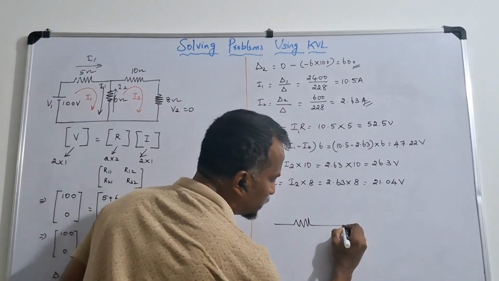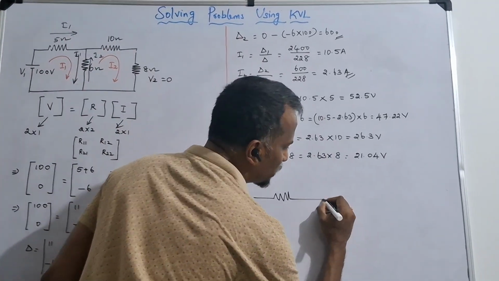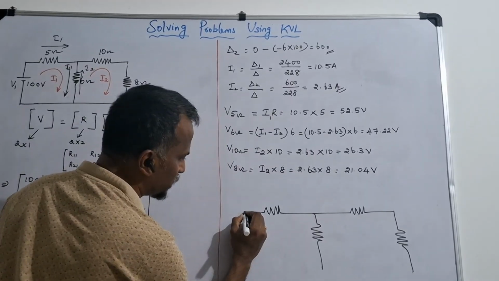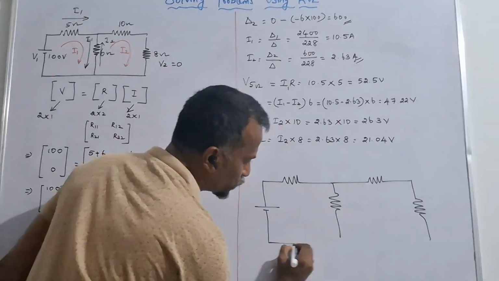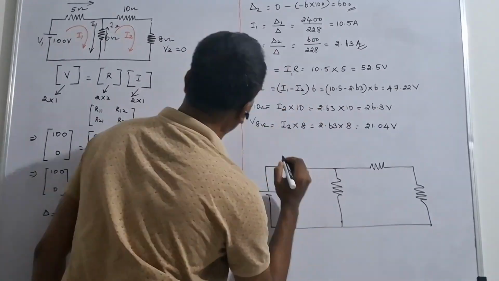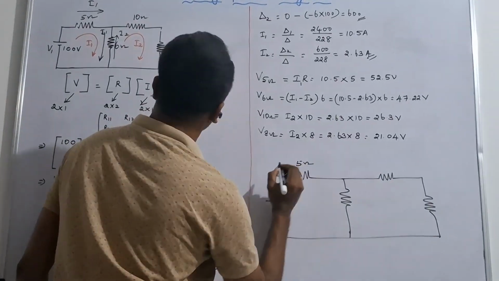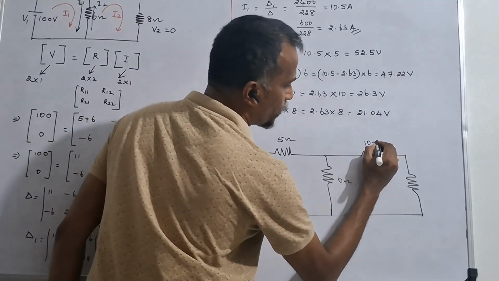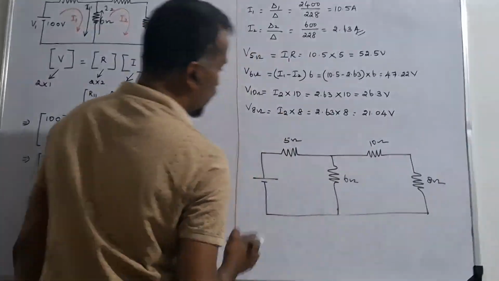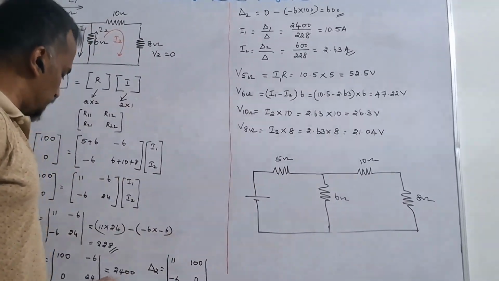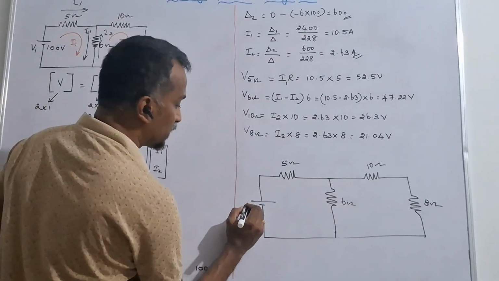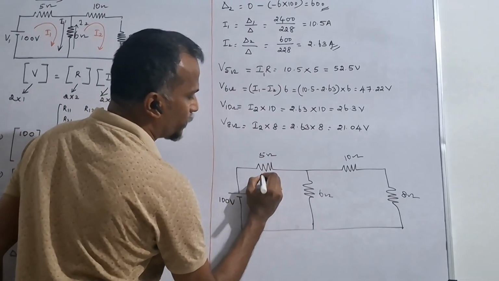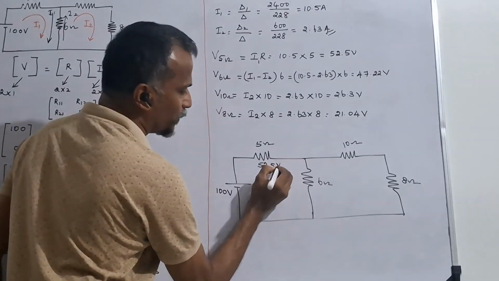Let me draw the circuit again. Here a resistance, here also a resistance, this is one resistance, we have another one, and this is the voltage source. This is 5 ohm and this is 6 ohm and this is 10 ohm and this is the 8 ohm. Already we know this voltage is 100 volt. Therefore the voltage across the 5 ohm resistance is 52.5 volt.